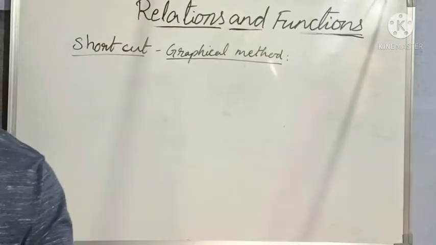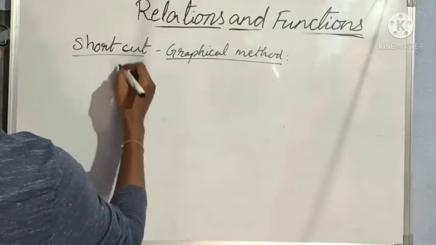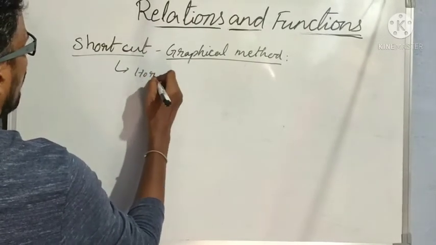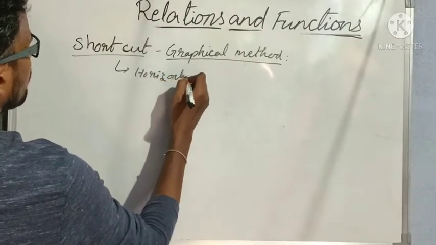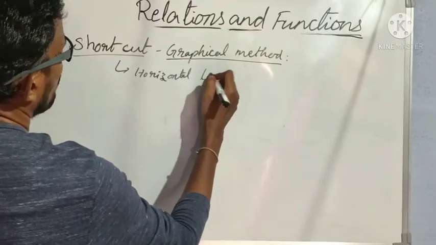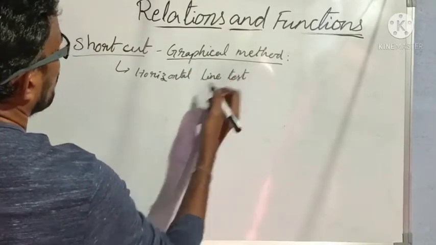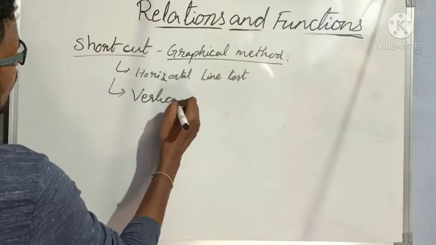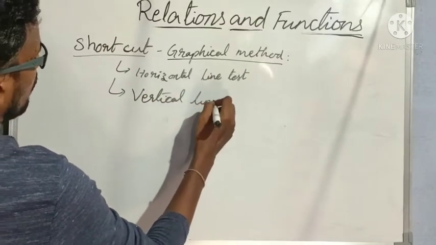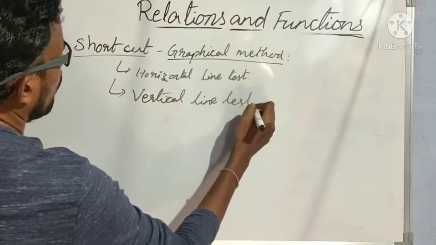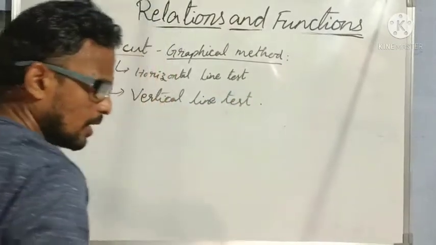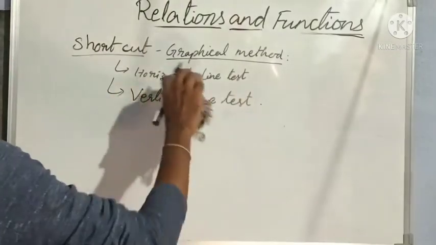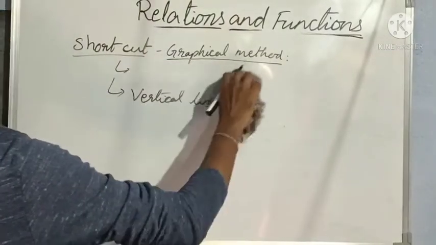So what do we do in the shortcut graphical method? First one is horizontal line test. Second one is vertical line test. What is horizontal line test and what is vertical line test? For what we are using this, I will explain now.